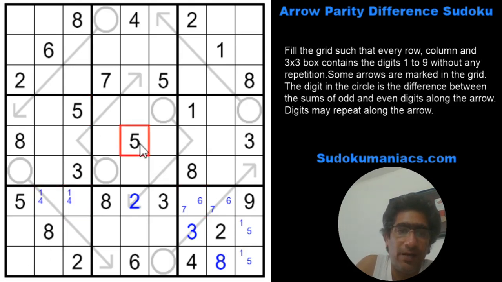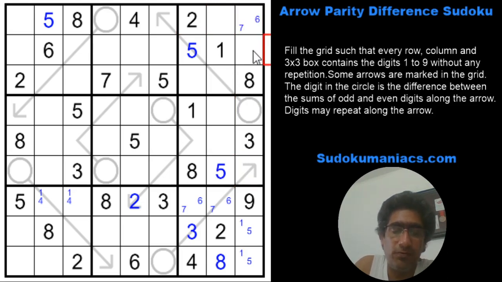Now 5 has to be in these two, but we got a 5 locked in column 9. So this is a 5, which makes this a 5 by classic rules, and I get a 5 here. Right? Now what? The 2 is in this, so I require 4 6 7, 4 7.